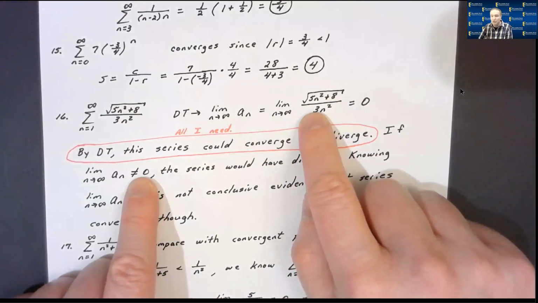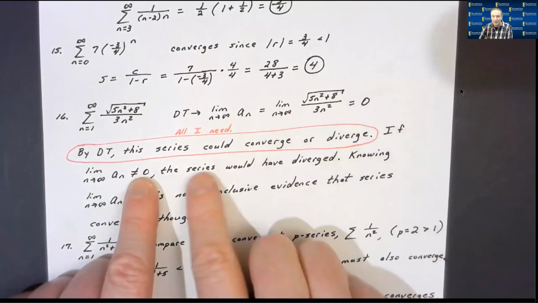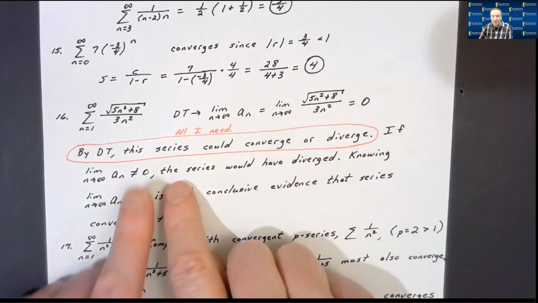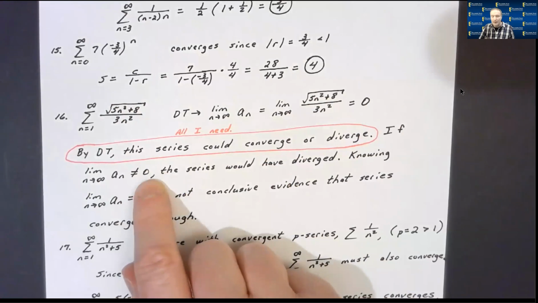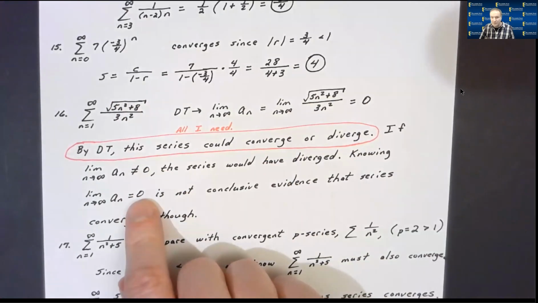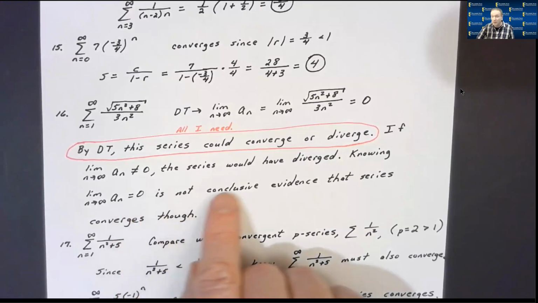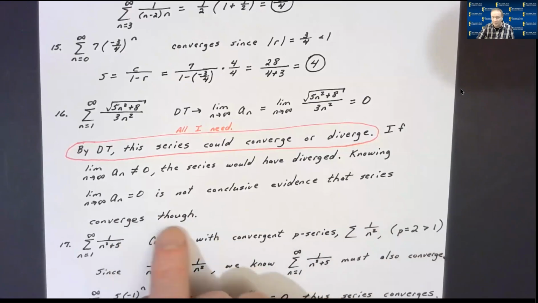This series diverges. Period. End of story. You'd have made this statement right here, since the limiting value was not 0. Now, if you know that the limiting value is 0, it doesn't tell you that it converges or diverges. So knowing that the limiting value is 0 is not conclusive evidence that the series converges.